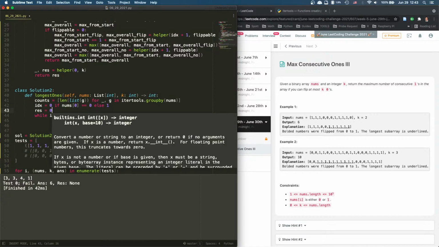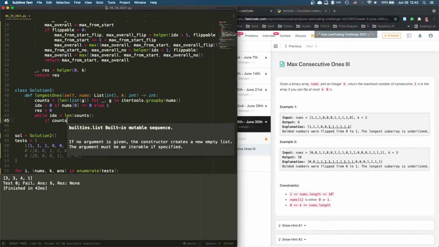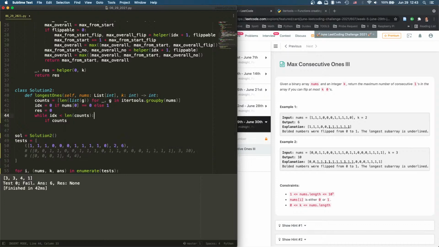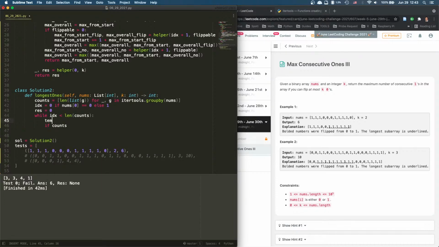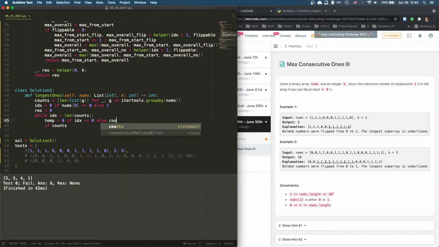So we say rest is 0, while counts. So temp equals 0 if index is equal to 0, right? Else temp equals counts[0], right?